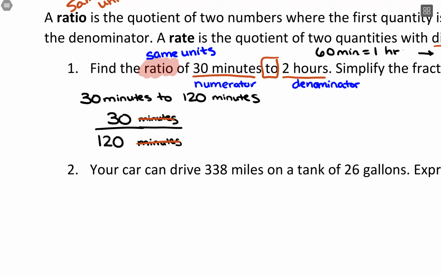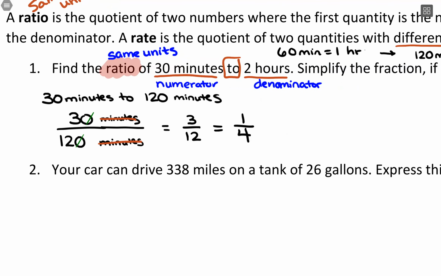And then we just need to reduce that down. When you have zeros like this, a little trick I like to use is that the zeros cancel out with each other. These are both divisible by 10. So if it helps, you can reduce this down to 3/12 first, and that might make it a little easier to work with. Then we can see they're both divisible by 3. So the ratio is 1/4.